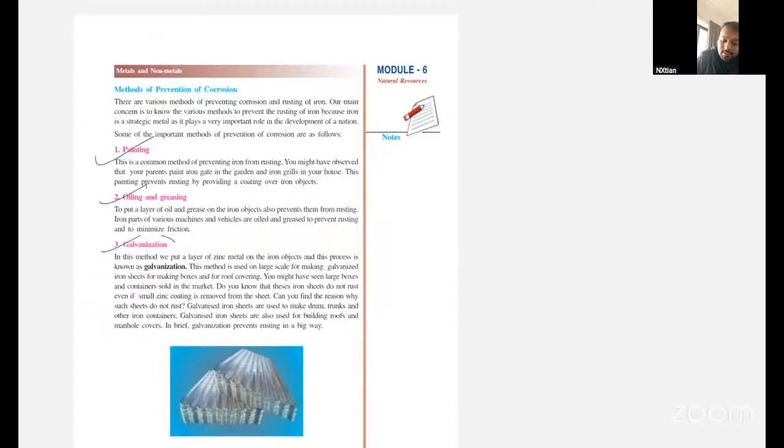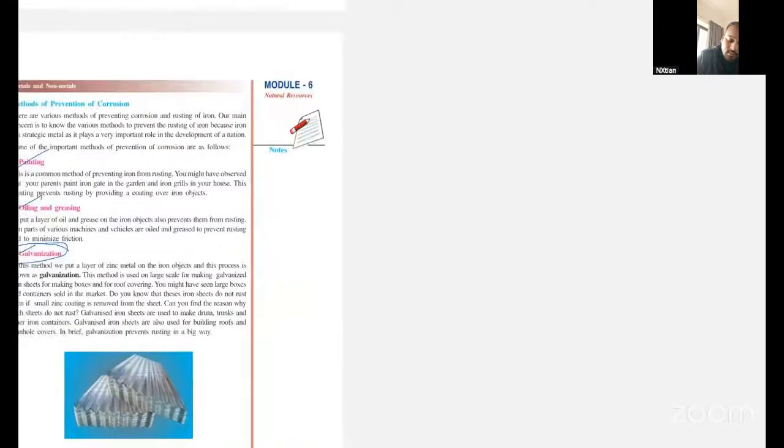Now, what is galvanization? Galvanization is the process in which, for example, if this is an iron, we put an upper layer of zinc like this.